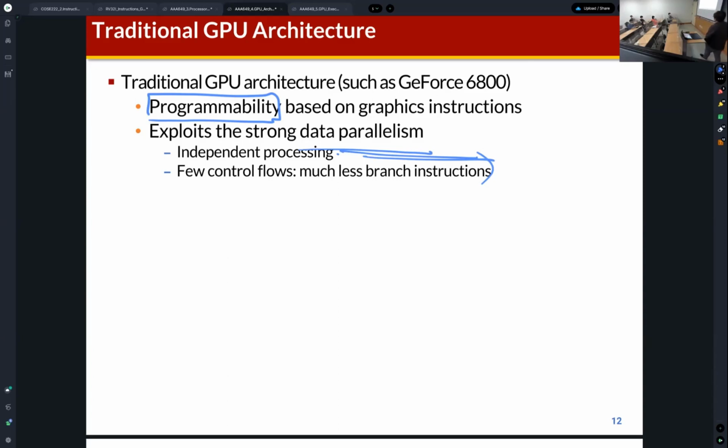Okay. So GPUs actually do not support control flow. Well, they can support very basic control flow, but for the early GPU, GPUs just did not support control flow. Think of an ASIC design.